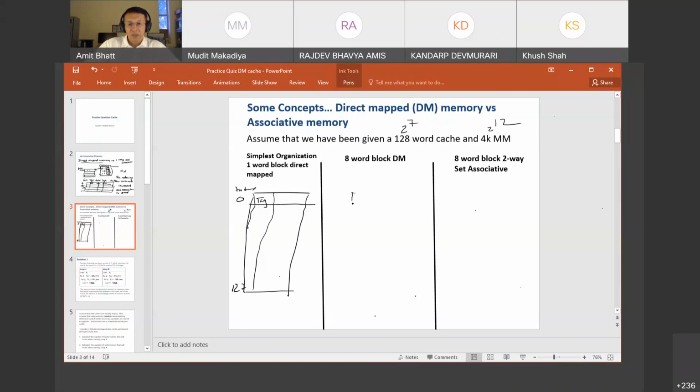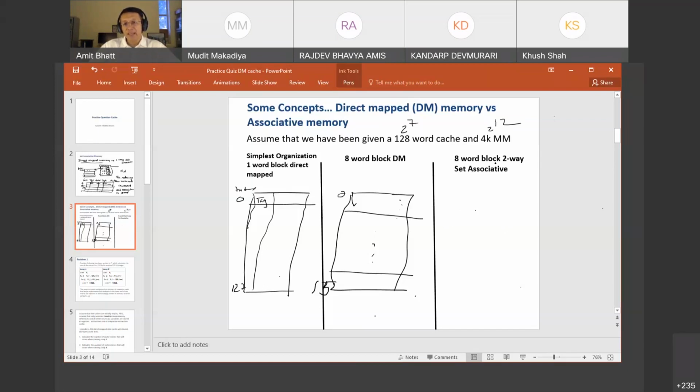Yes. So now you would have 16 blocks, and each one would have 8 words. Now, if you have an 8-word block and two-way set associative, how many indexes would I have?